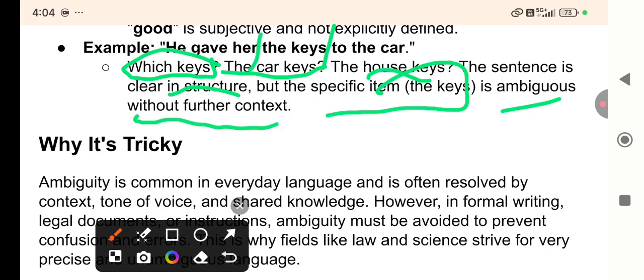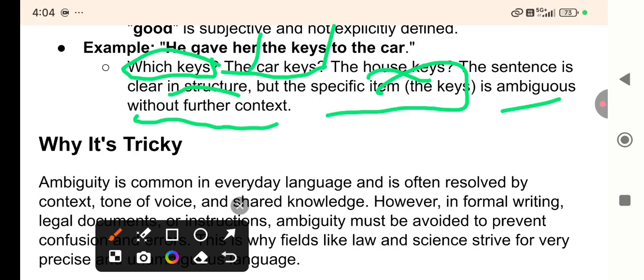And suppose your husband has forgotten the car key and he is calling you for the car keys. Or your wife has forgotten the car keys, so she's calling her husband. Then the husband can say that he gave her the keys to the car, so he has given the keys of the car, right?